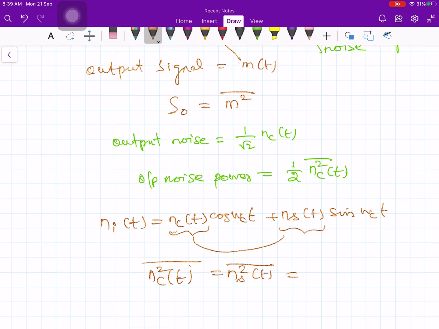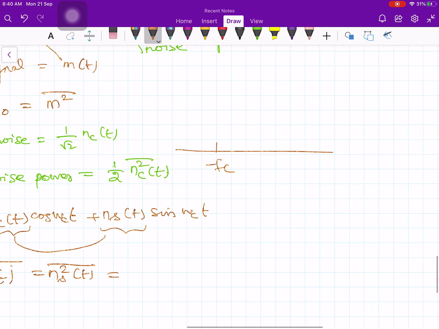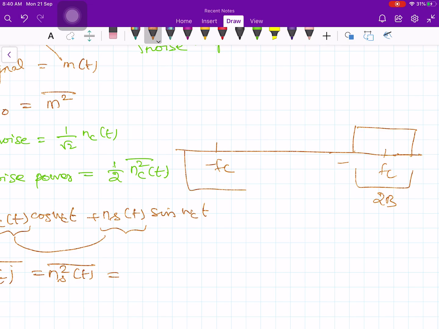So this is a band pass noise, right? The band pass noise is again located at minus fc and plus fc, because you have a band pass filter with a bandwidth of 2b. So this bandwidth is 2b.